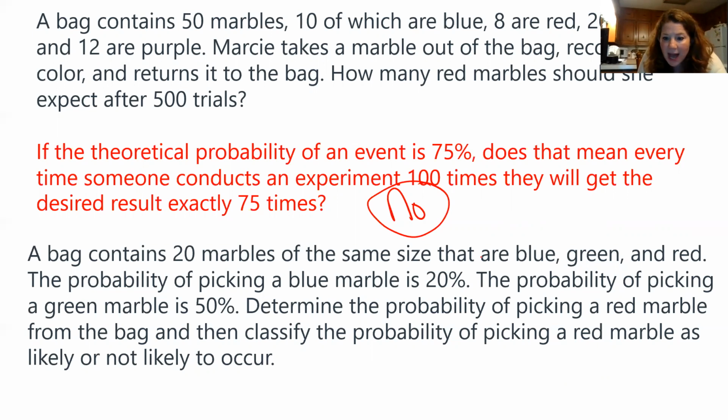Well, if all the marbles are blue, green, and red, that means that 100% of the marbles are those colors, right?